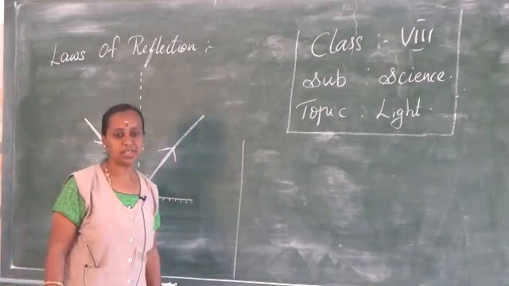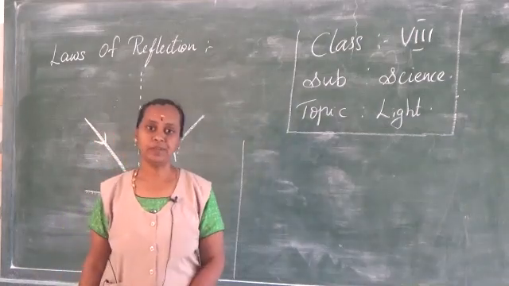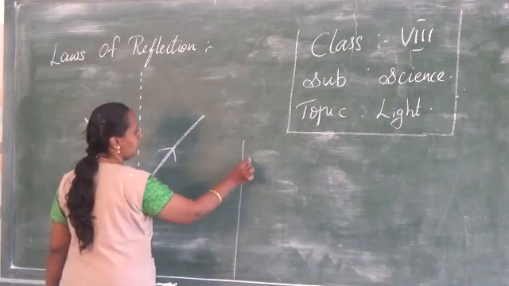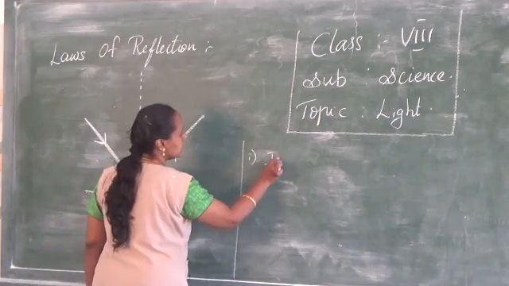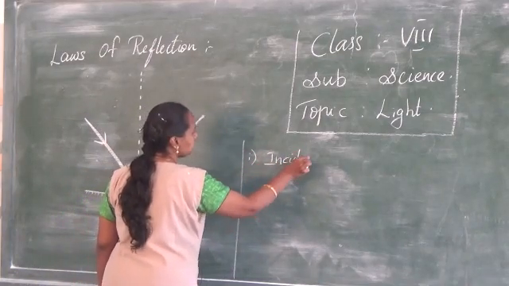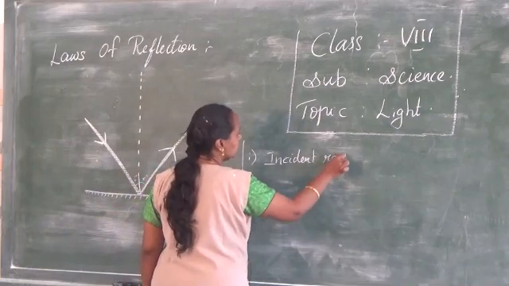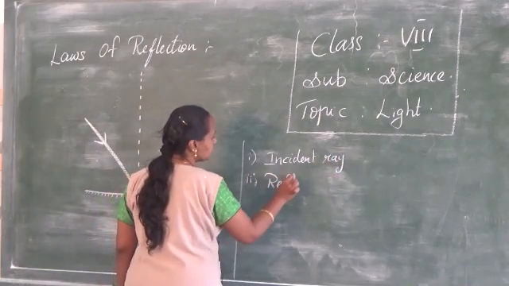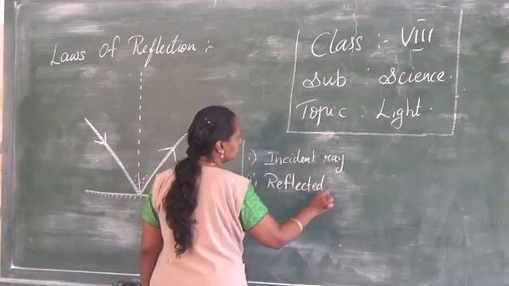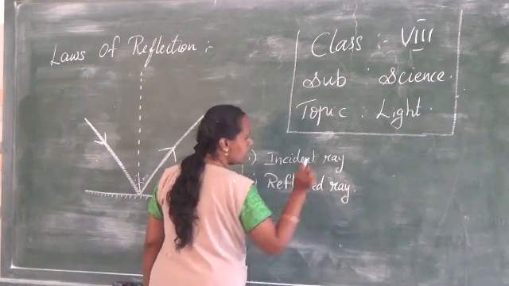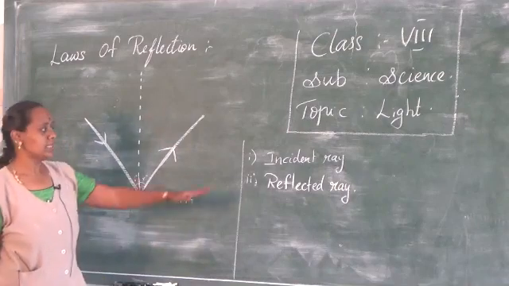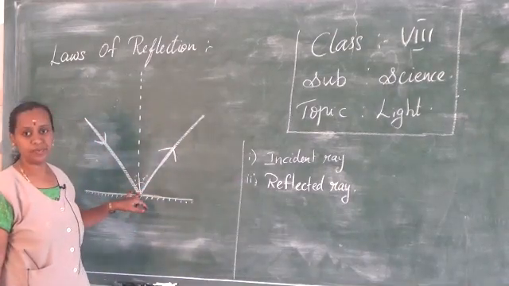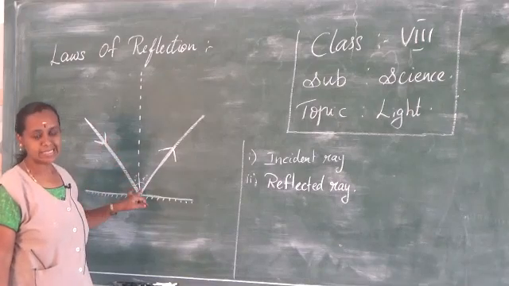This reflection involves two types of rays. One is called the incident ray, and the other is called the reflected ray. What is the incident ray?